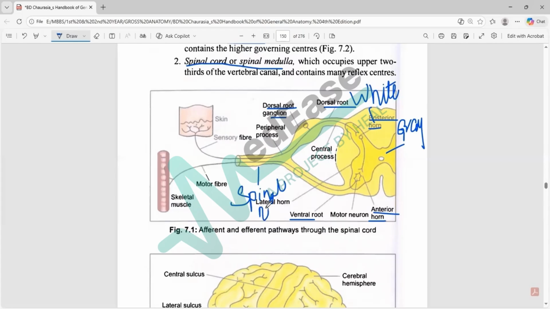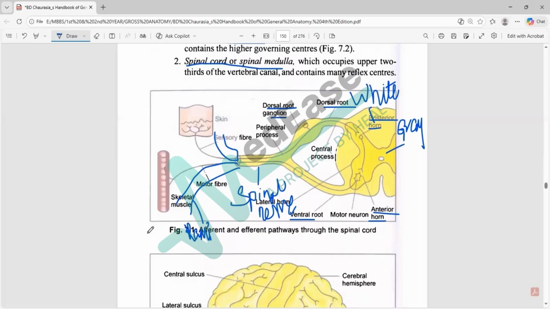Now, once the spinal nerve is produced, it will be dividing into the two main components: the ventral rami and the dorsal rami mainly. Now, the ventral and the dorsal rami, unlike the ventral and the dorsal root, will be carrying both the motor as well as the sensory fiber.